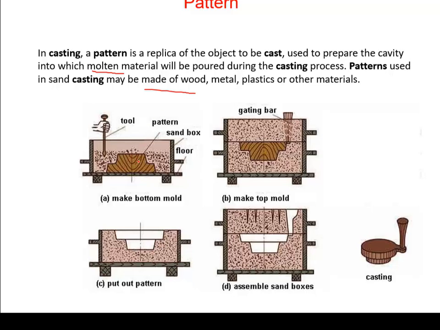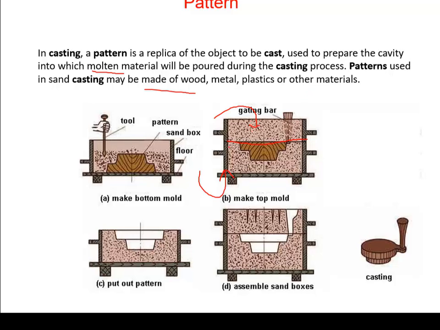For this product, we make a pattern of wood, and the wood is put over this drag box, which is filled with sand. The drag box is then rotated by 180 degrees, and we can see the top surface of the pattern at the top. The cope box is once again put over this, and the sand is filled completely.